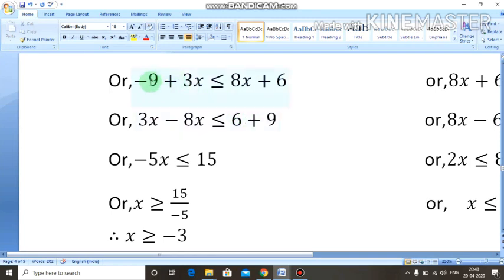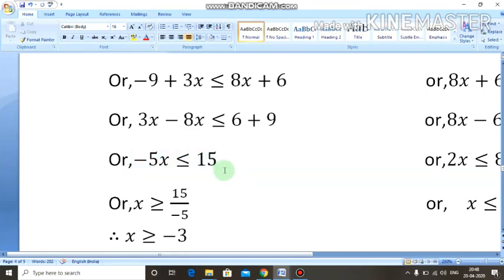So minus 9, if we move this term to the right hand side, then it will be plus. After that simplify it: 3x minus 8x is minus 5x less or equals to 15. To solve for the value, suppose in the place of the inequality an equal sign is there, then what will you do? Obviously you divide. To solve the value of x, you divide this 15 by minus 5.